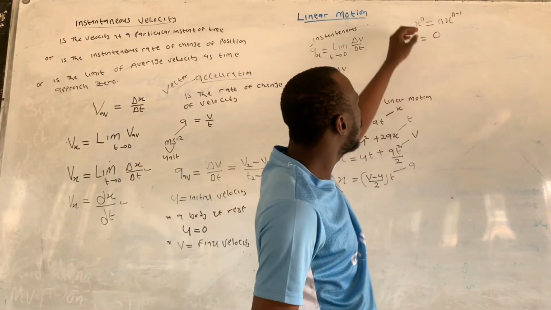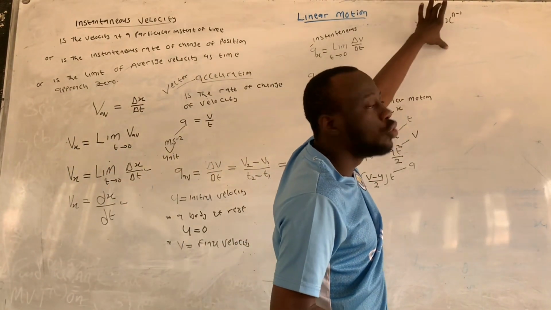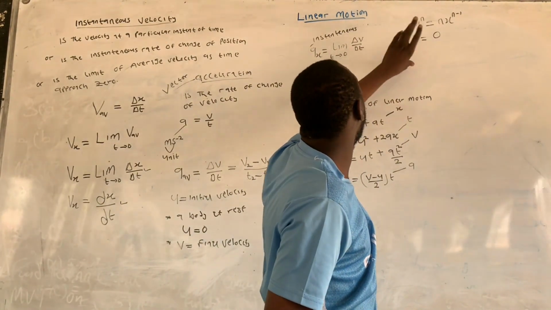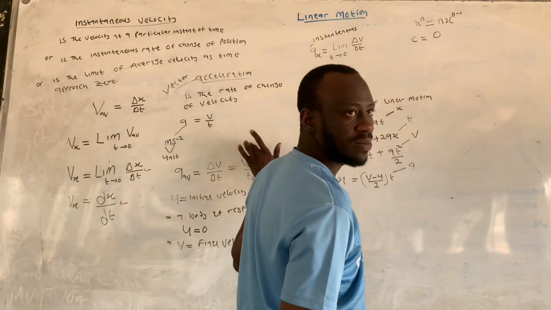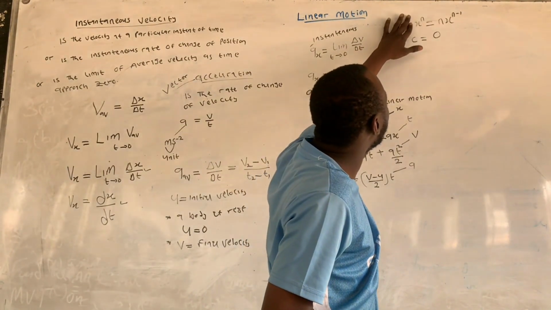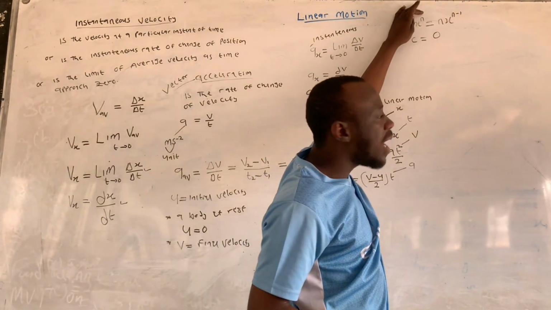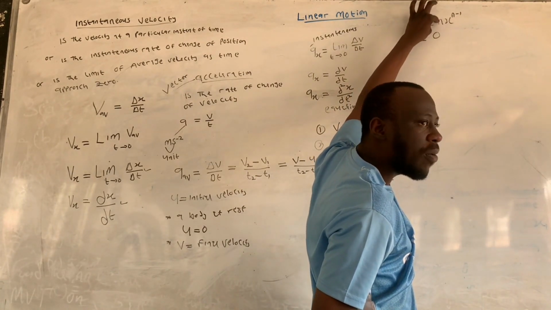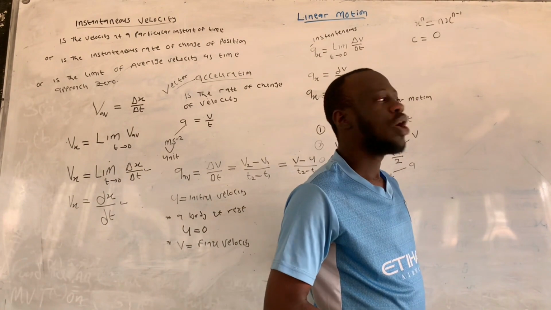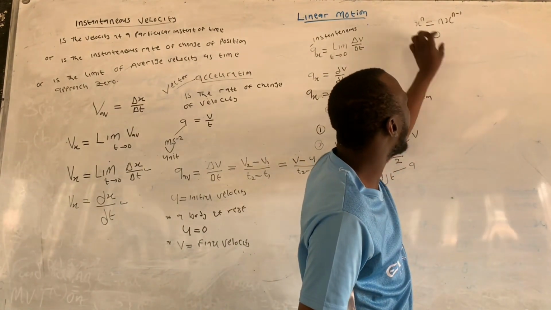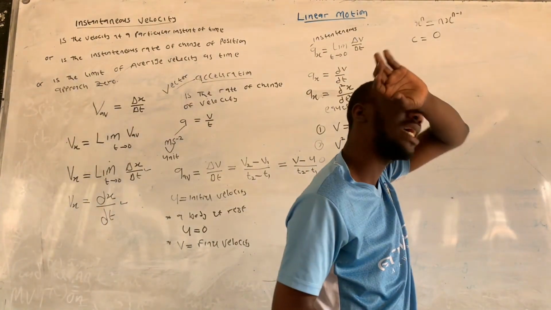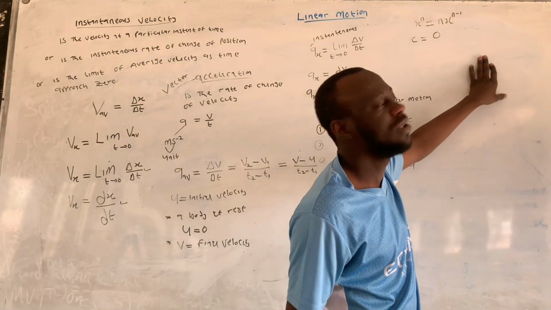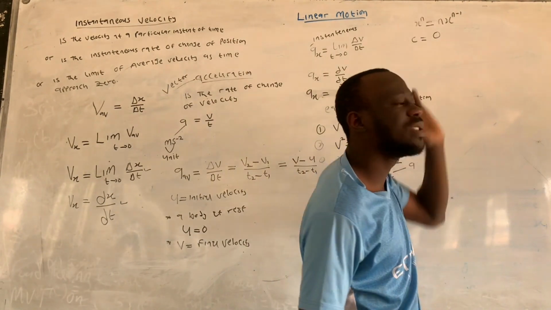This is what we are going to use to solve any problem related to instantaneous acceleration or instantaneous velocity. Whenever you find x to the power of n, multiply by the power and reduce the power by 1. A constant, meaning a number or any letter which is not a variable, you equate to 0.